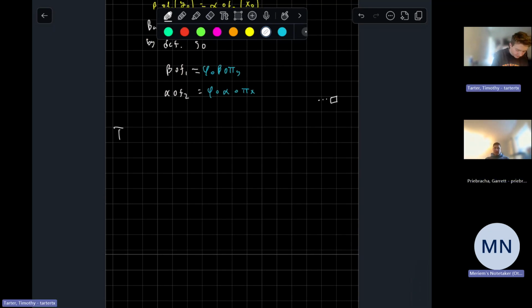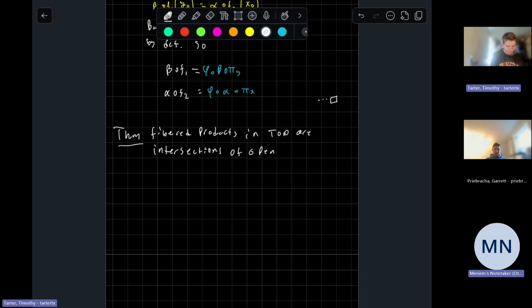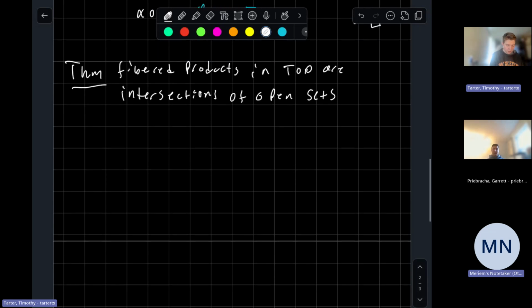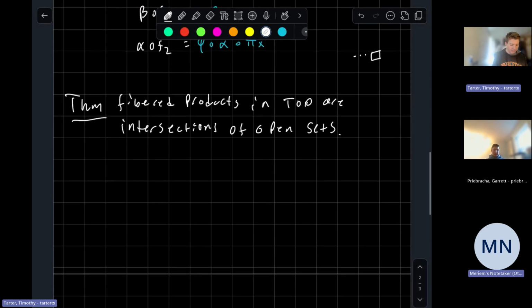So the theorem: fibered products in the category of topologies are intersections of open sets. And so this is just thinking through our definition, right?